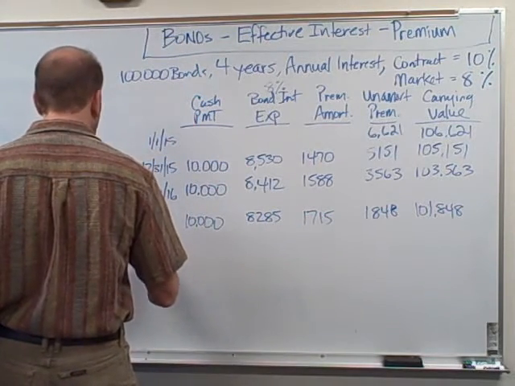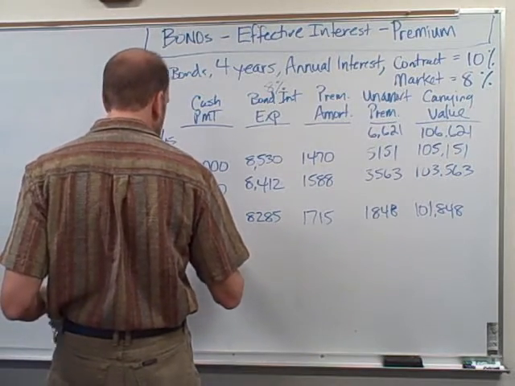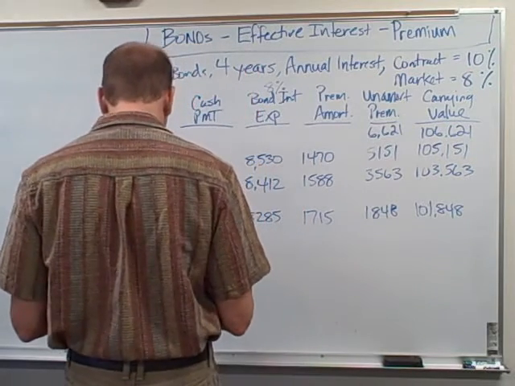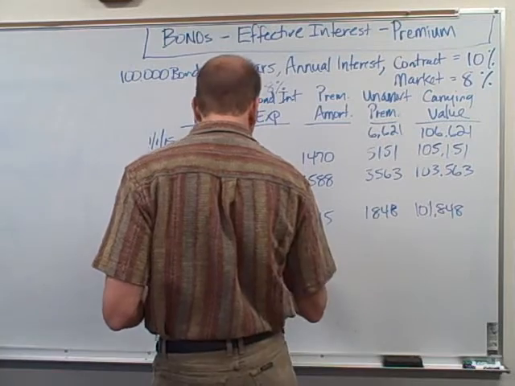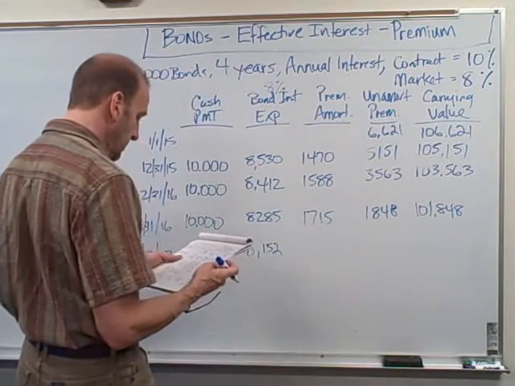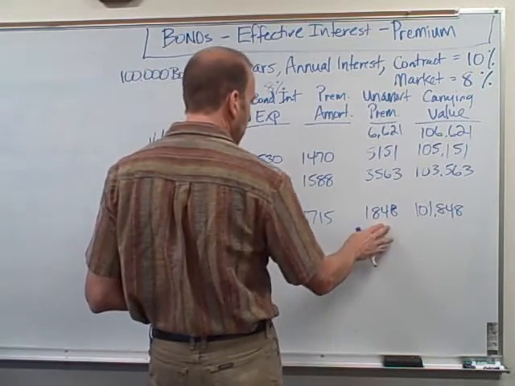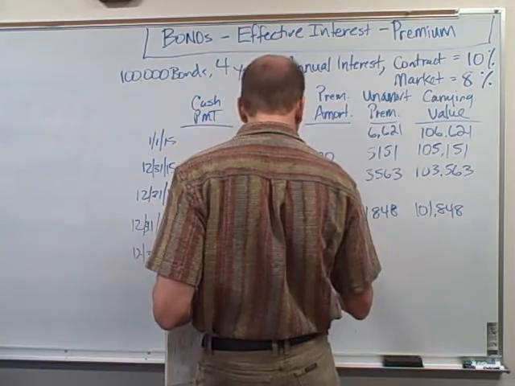And now we're at the end. This is the fourth year. Cash payment is 10,000. 8% of the 101,848 is approximately 8,152. We have to round here because we have to use up the remaining amount of this premium, which is going to be 1,848.